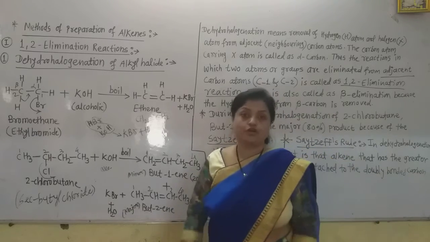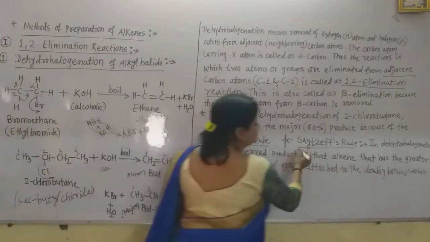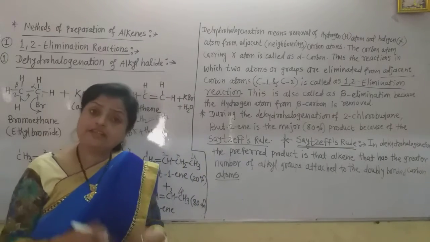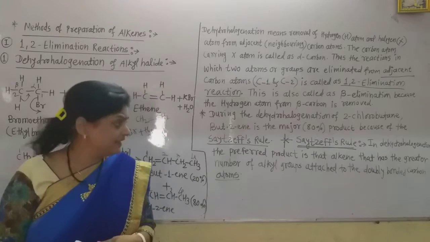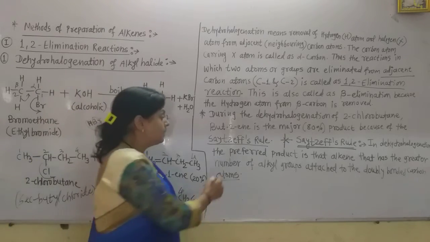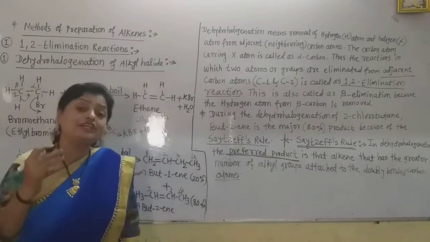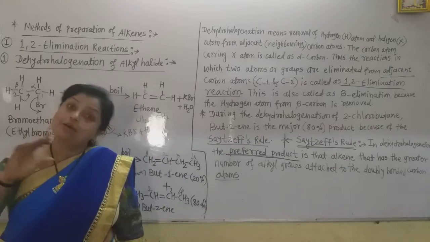Now that is very important, and the reason for it is the Saytzeff rule. See here, I read the Saytzeff rule. What does Saytzeff say? Saytzeff was a scientist. What did he say? In dehydrohalogenation, the product obtained in a large percentage is called the preferred product.